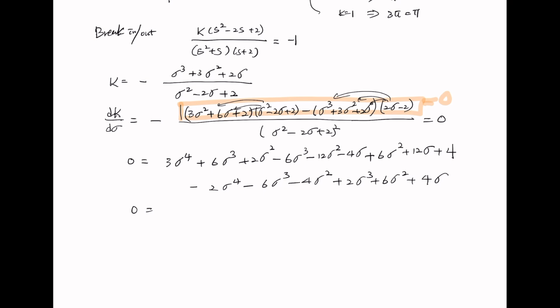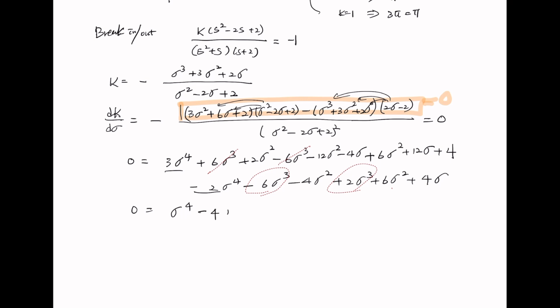Then 0 equals the fourth-order terms, these two, we have a sigma to the 4th. For the cubic terms, this 6 positive, 6 negative, we have -6 and then +2.